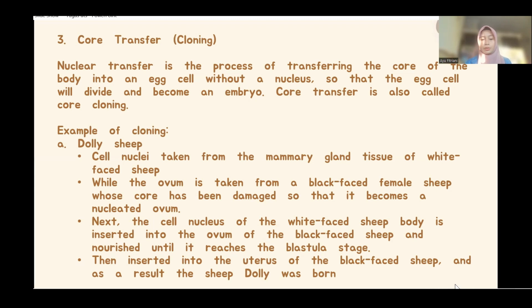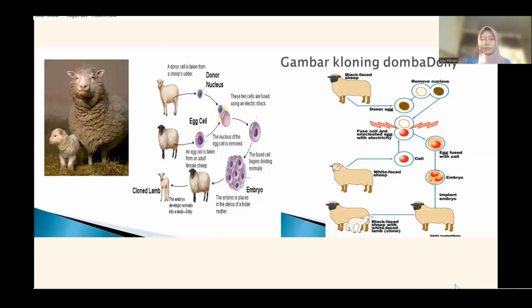Then it is inserted into the uterus of the black-faced sheep, and as a result, Dolly the sheep was born. And then yeah, that's a picture.